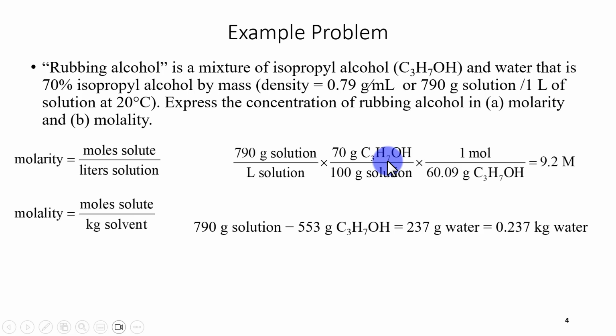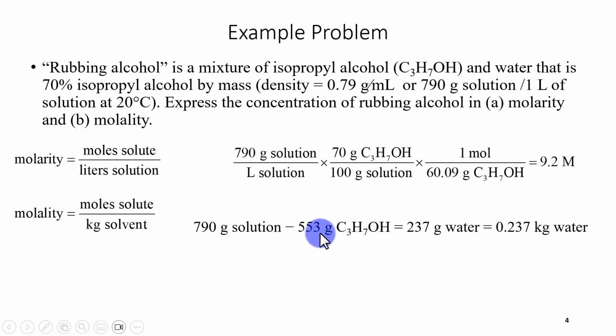Now, if I did this back calculation, which I didn't show here, I can calculate how much C3H7OH I have in that 70% alcohol solution, and I get 553 grams out of that 790 grams if I use 70%.